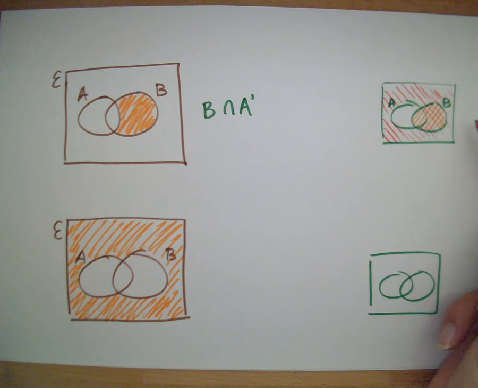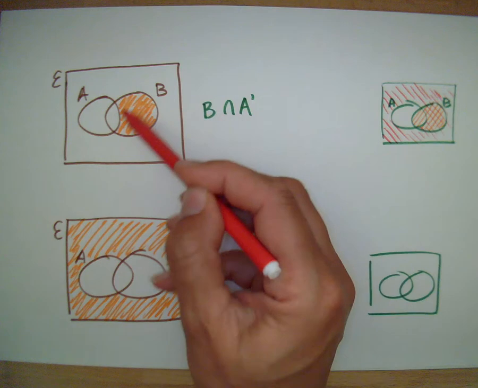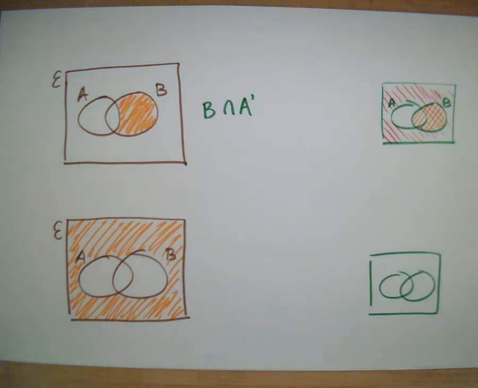And then we check where do these two shaded areas intersect, and that's this moon shape here, right? So this is correct.